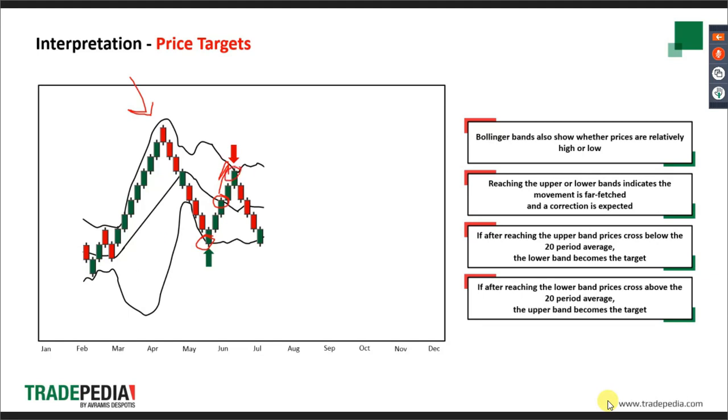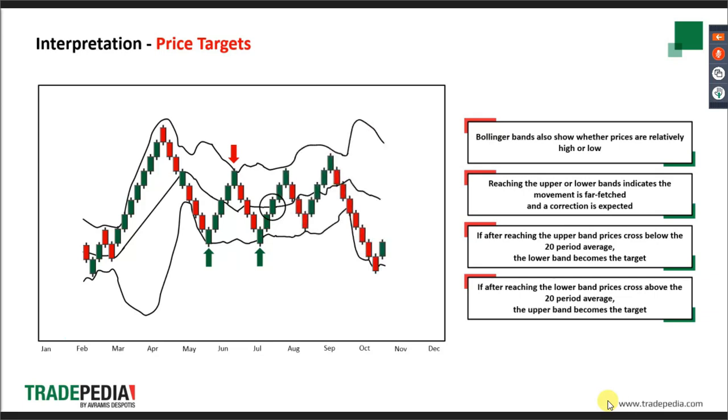So from here towards here may be a confirmation, and from this cutting of the 20 MA to the lower band, maybe your take profit for a short position. And it goes on and on.